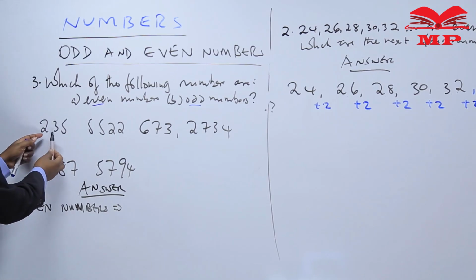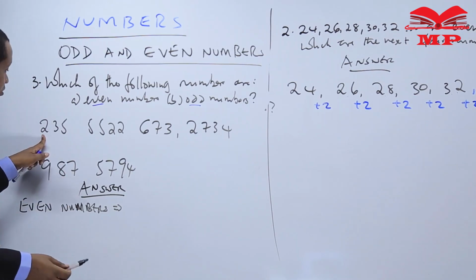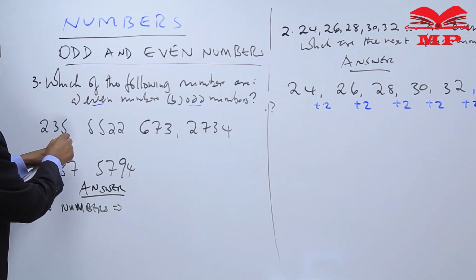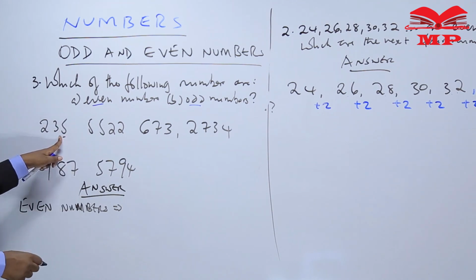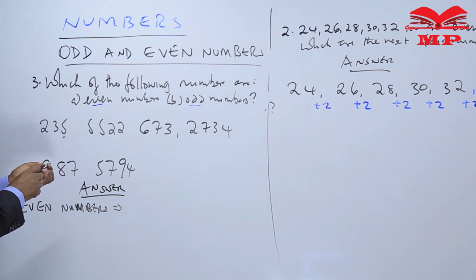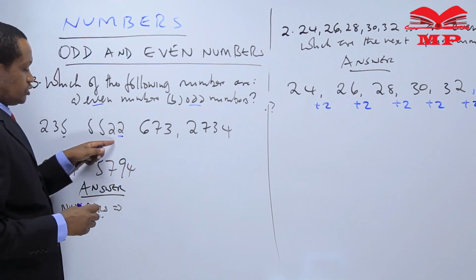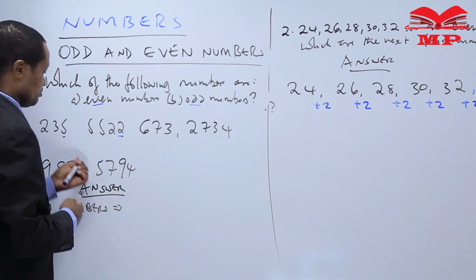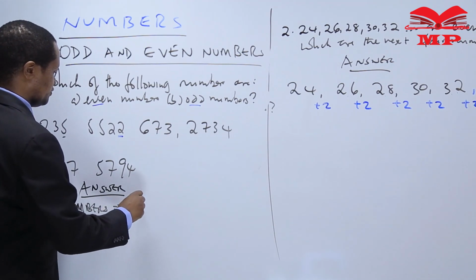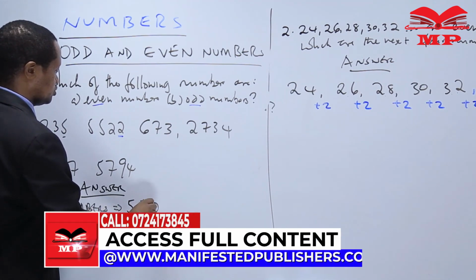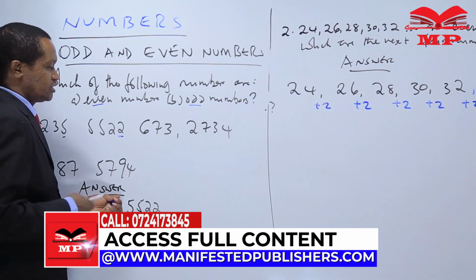Like this one here is not an even number because it ends with 5. The last digit is 5. This one here, the last digit is 2. So that is an even number. So we write 5522.